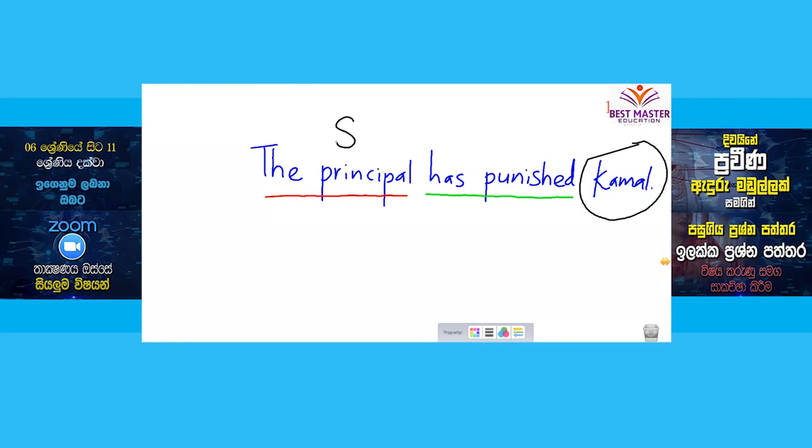When we write a passive voice sentence, first we have to write the object. It means the object comes first. So, children, we have to bring the object to the beginning of the sentence. Then we can make a passive voice sentence.